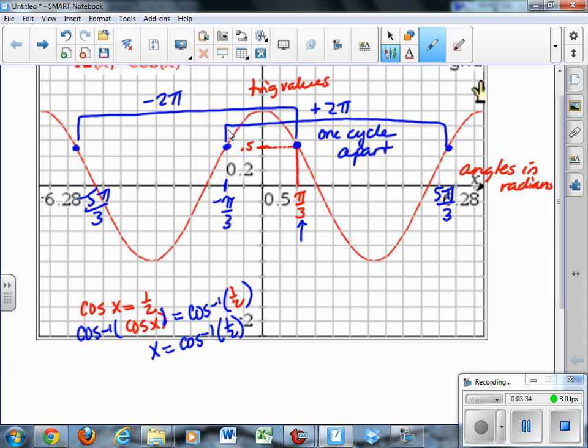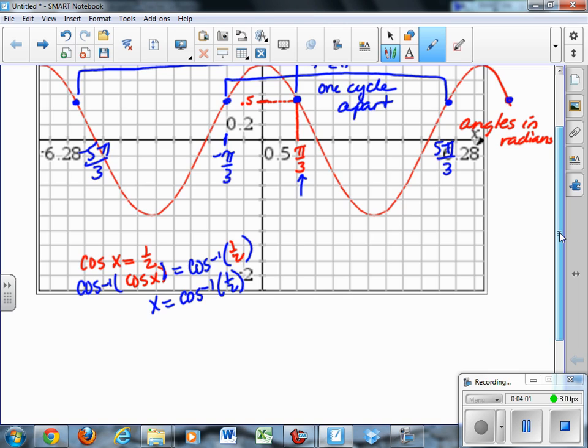So if I add 2 pi to the angle on the upward side of the curve, I will get another angle a period away that is also on the upward side of the curve. If I were to extend this curve down, I could add 2 pi to the pi over 3 and get another angle on the downward side of the curve that would also have a trig value of 0.5. So I could keep adding 2 pi or subtracting 2 pi over and over and over and getting additional angles.